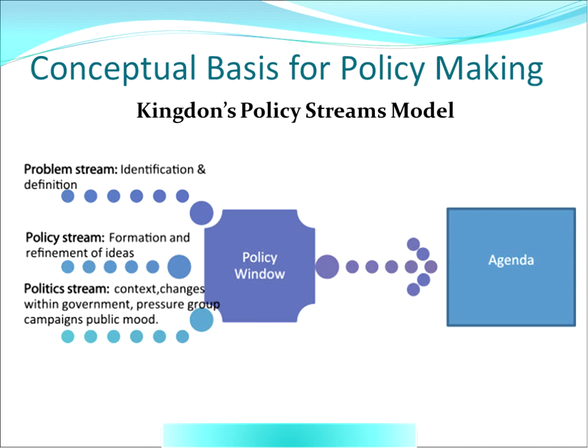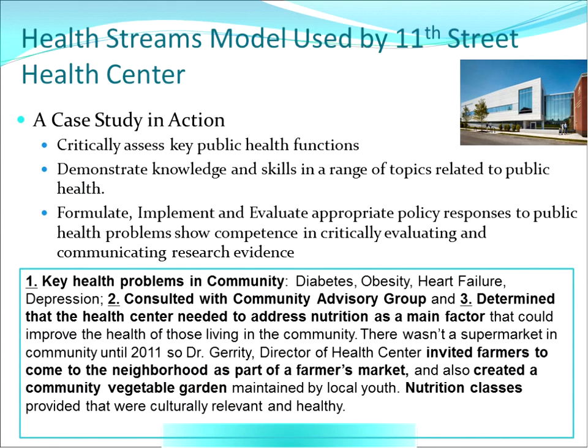The third politics stream here is the context, any changes within the government, pressure group campaigns, the public mood, any of those things. So you have the problem stream, the policy stream, and the politics stream. They go through the policy window, and this develops our particular agenda.